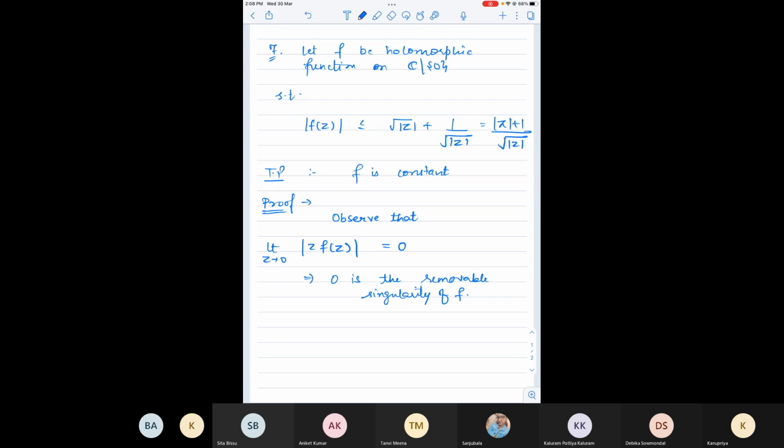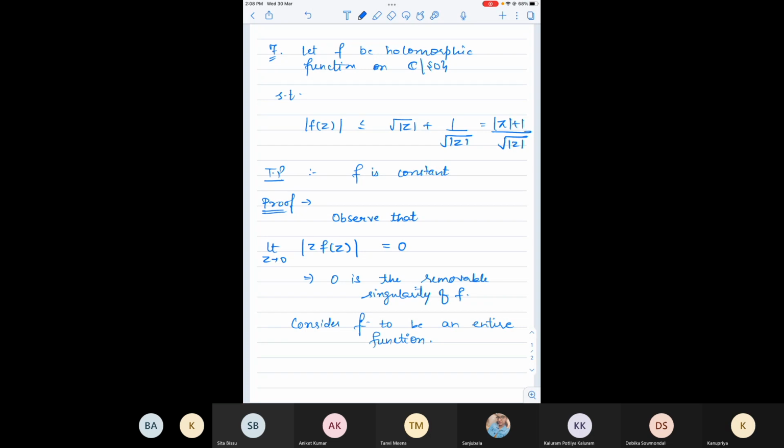So from this you can remove this singularity and consider this function f to be an entire function. We can remove this singularity at 0 and define a new function which will be an entire function.